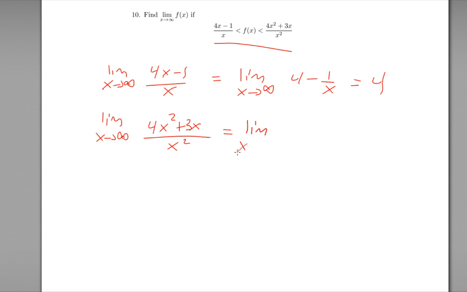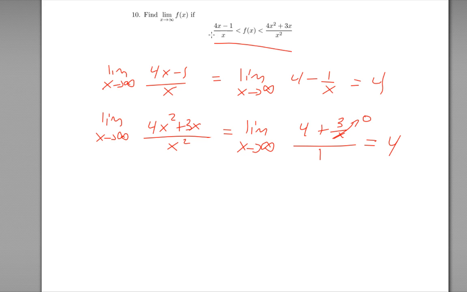This becomes limit as x goes to infinity of 4 plus 3 over x divided by 1. This is also 4, because this goes to 0. So the bigger function is going to 4 as x goes to infinity.